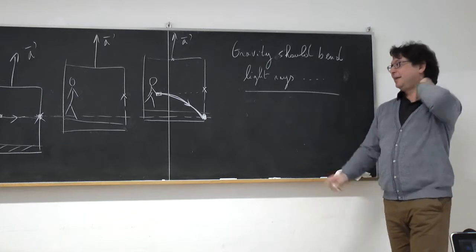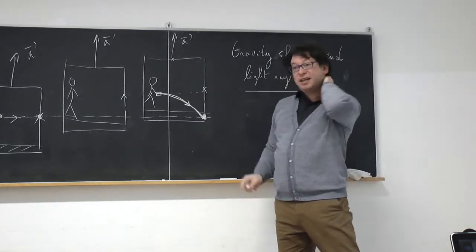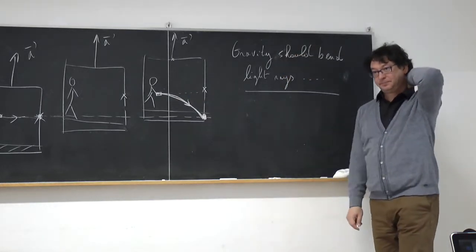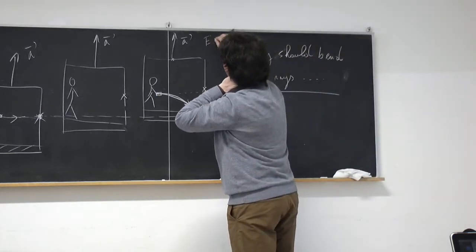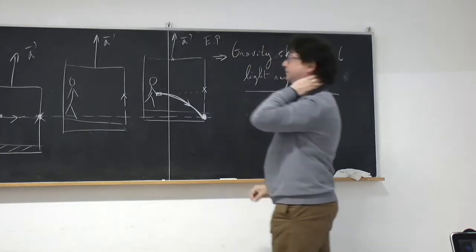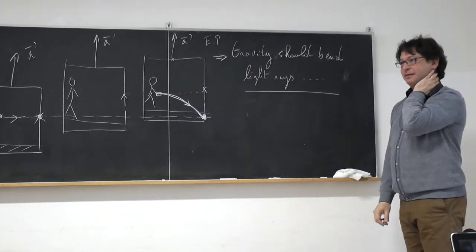Gravity must affect the propagation of light itself. The equivalence principle implies that. Yeah?